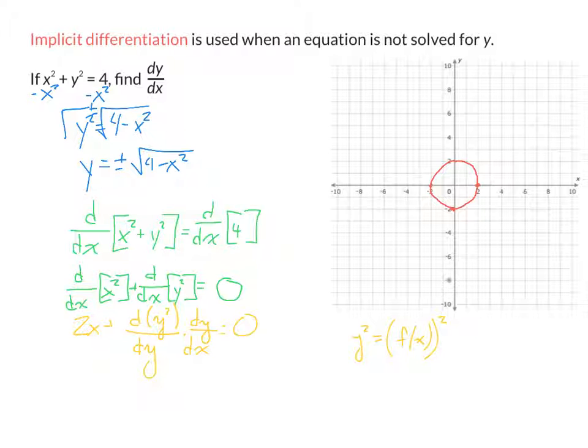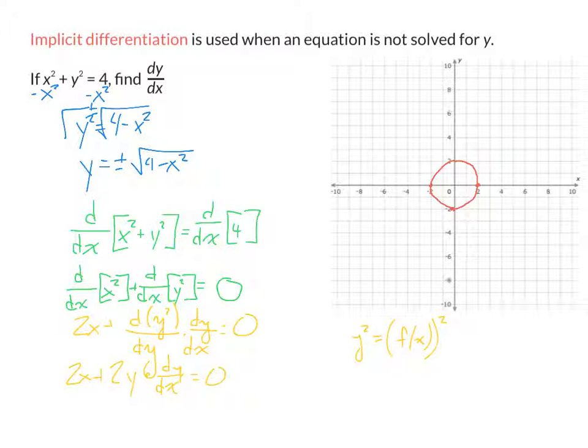And that's still equal to 0. So we have 2x plus, well, the derivative of y squared with respect to y gets me 2y, still times the derivative of y with respect to x equals 0. And I can't do the derivative of y with respect to x because, again, I don't know what y equals all by itself yet.